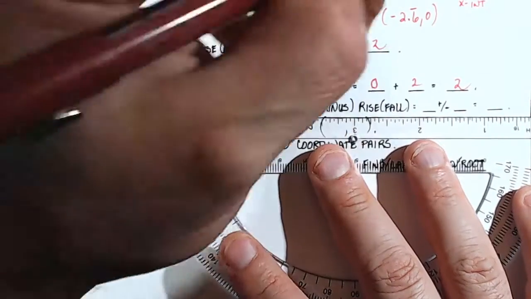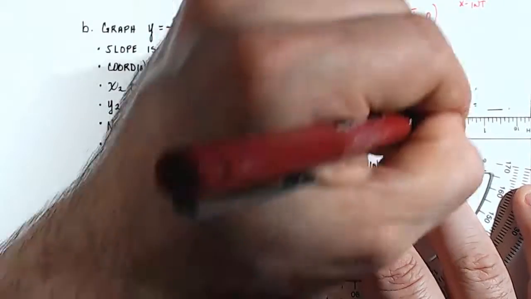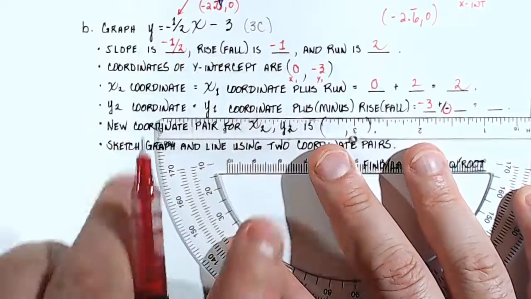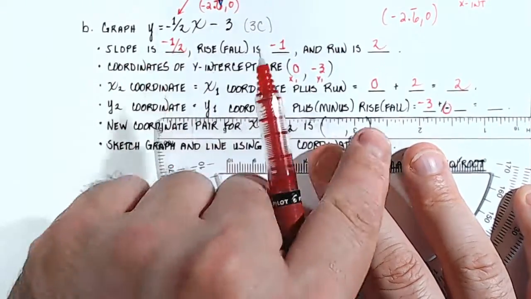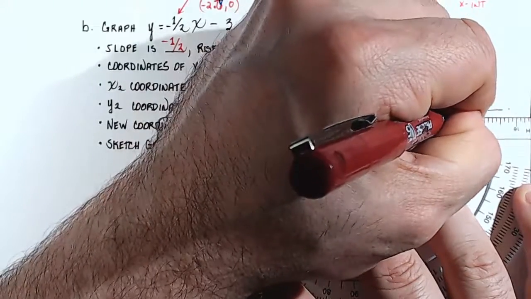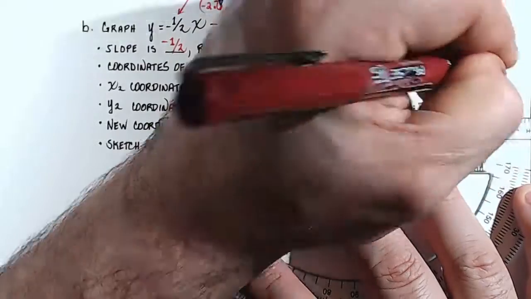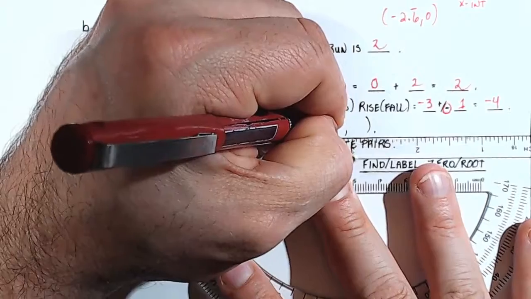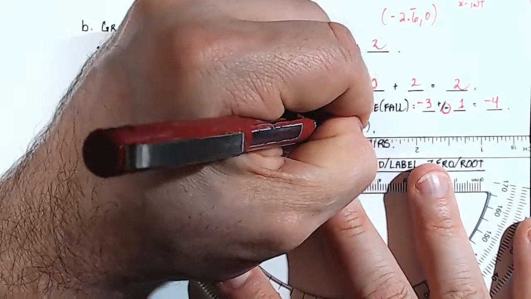So it's a fall, so negative 3 minus the fall, which would be negative 3 minus 1. Negative 3 minus 1 gives me negative 4. So my new coordinates for x2, y2 would be 2, comma, negative 4.